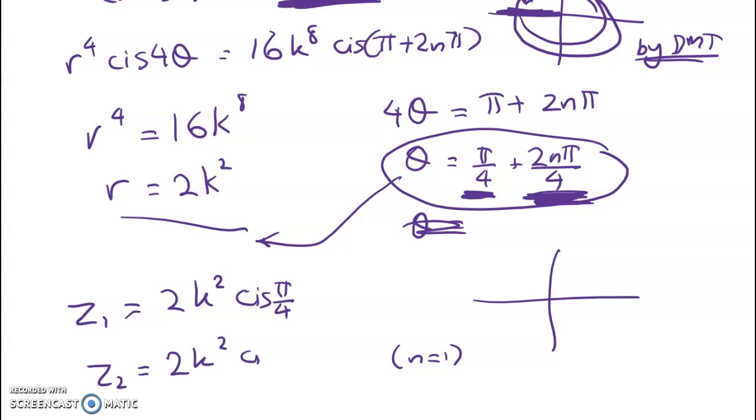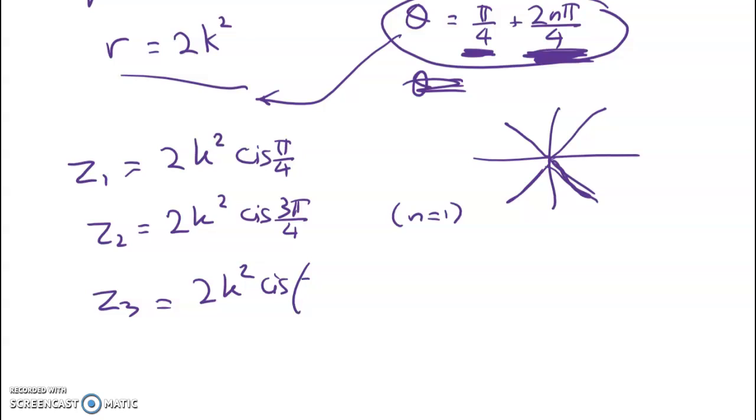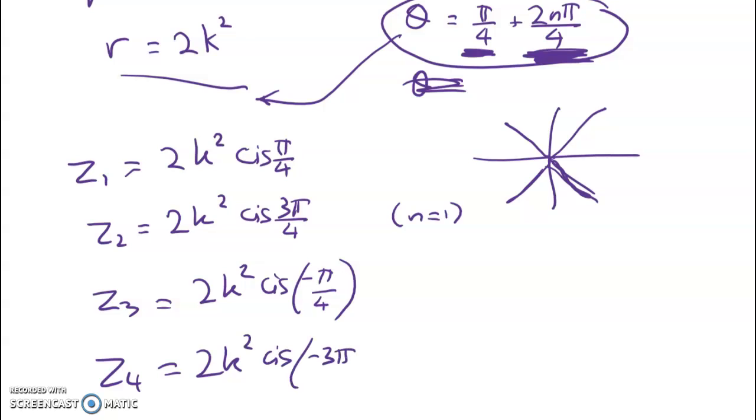So 2k squared cis 3 pi on 4. z3, so I've got 1 here, 1 here. Now I'm going to come back here and here. So z3 is 2k squared cis negative pi on 4. And z4, 2k squared cis of negative 3 pi on 4.